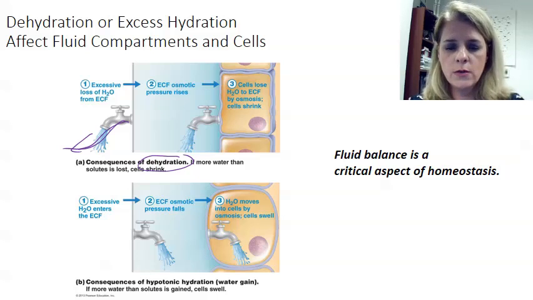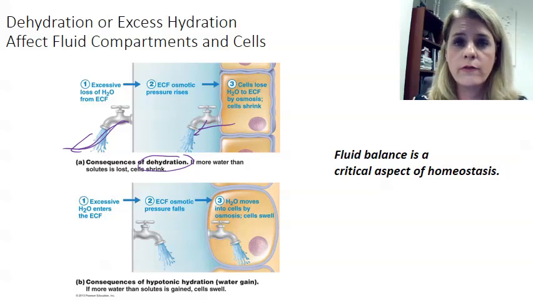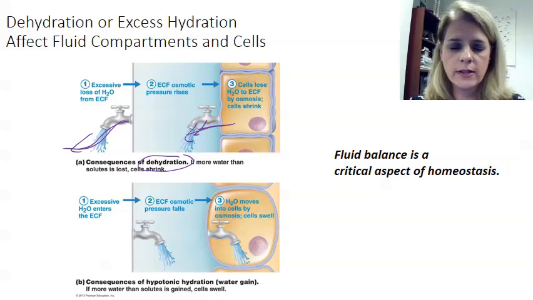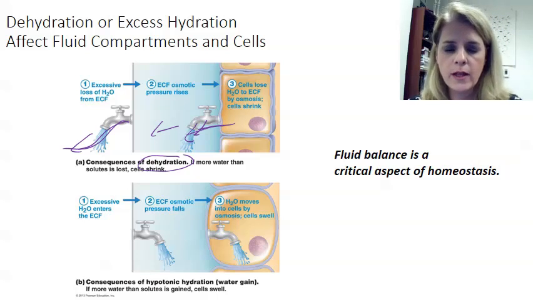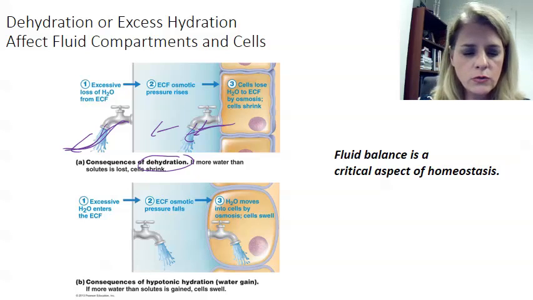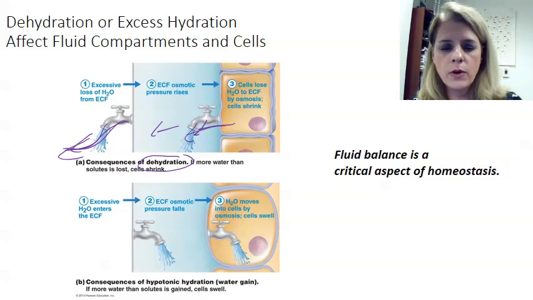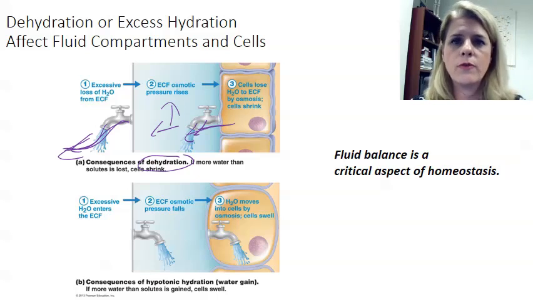And so what we do is we start to pull water from the actual cells. So that intracellular fluid starts to be pulled out of the cells into the interstitial fluid, and then it's going to go into the blood vessels. And that's because as you lose water, the osmotic pressure inside the interstitial fluid rises, okay?